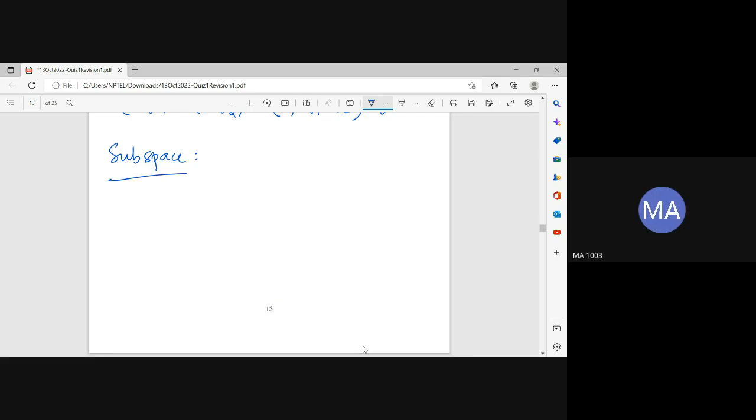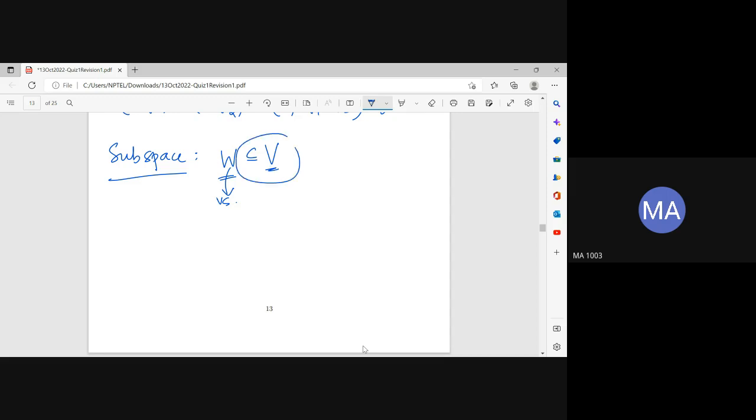So, what is a subspace? When do you say something is a subspace? It is a subset of some bigger vector space, and it is a vector space in itself, right? As a set, W is a vector space, and in addition to that, it is a subset of some bigger space.